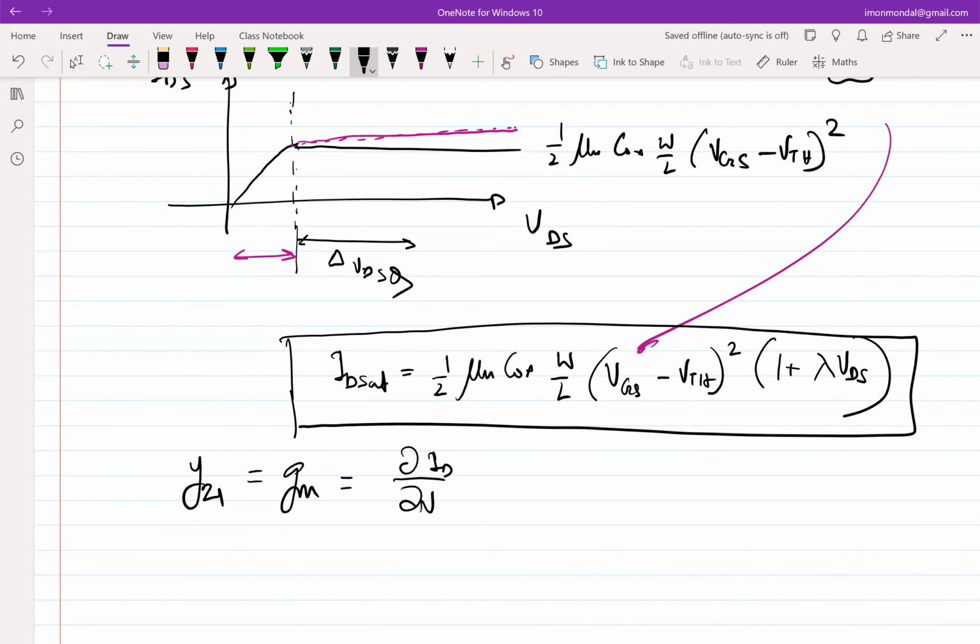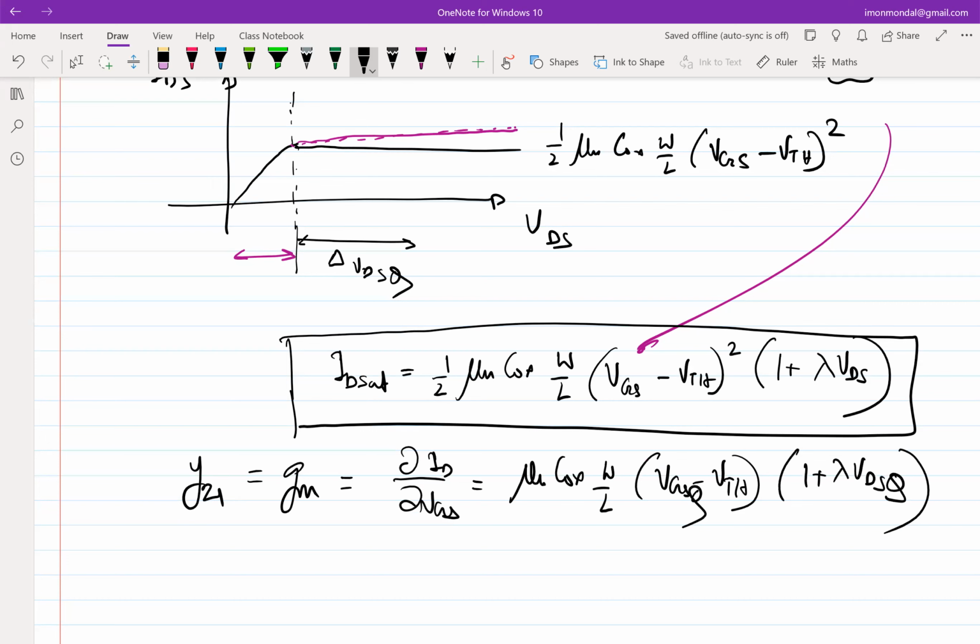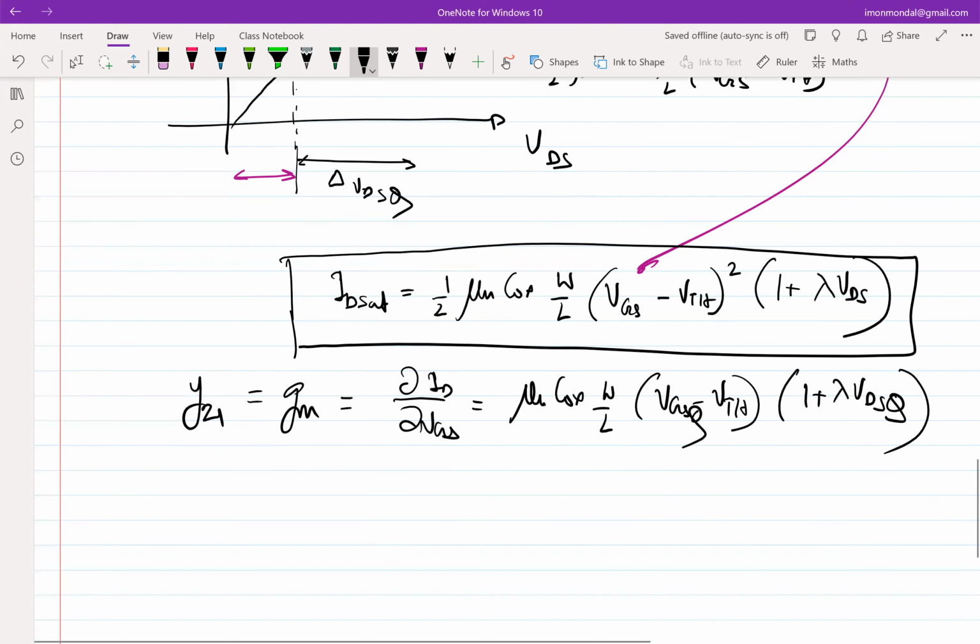ID over delta VGS, which will be, in this case, what? Mu n C ox W over L, VGS minus threshold voltage, times 1 plus lambda VDS, right? VDS Q rather. These are all Q, let's say, because evaluated at certain quiescent point.